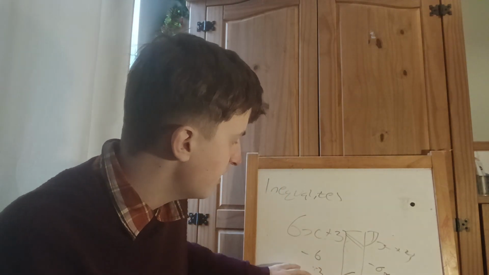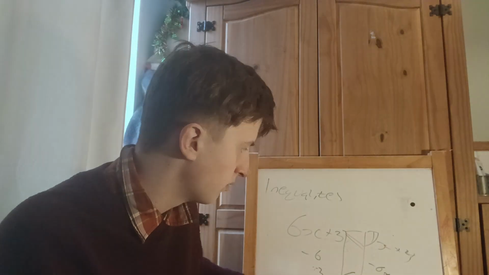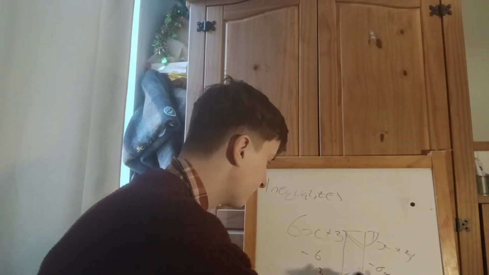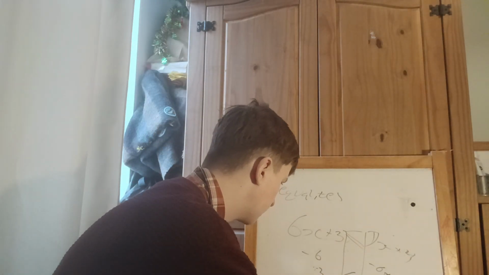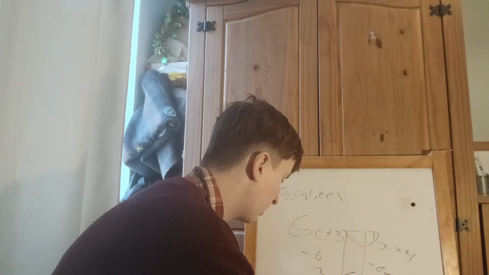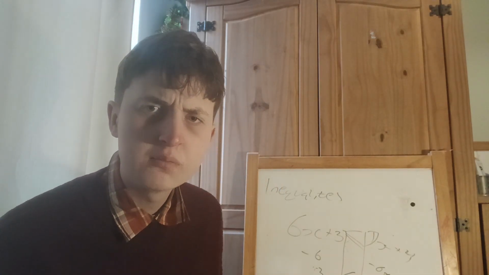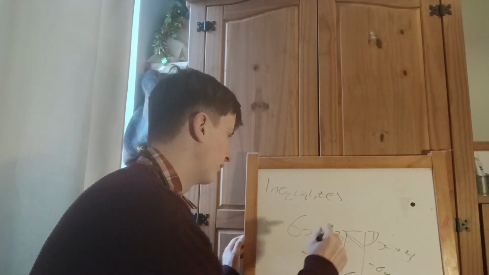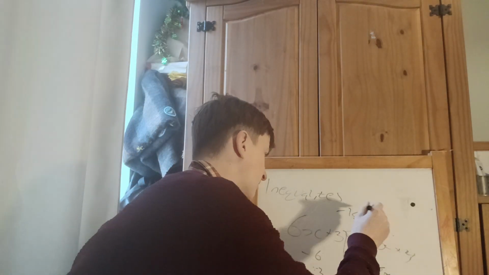So then if we try to collect all of our integers on one side, we will get rid of the plus 4. So the way we do that is we take away the 4, so minus 1. So then we're left with our final equation of minus 1 is less than or equal to x.